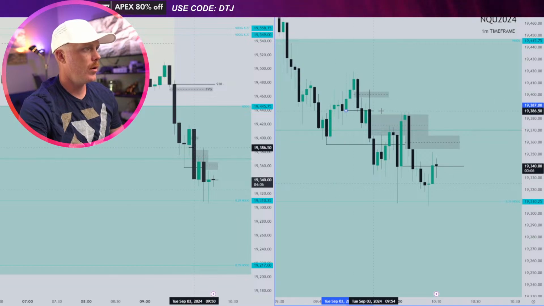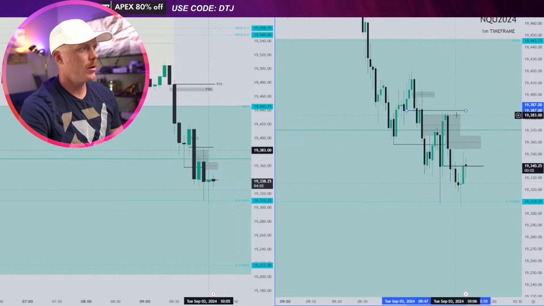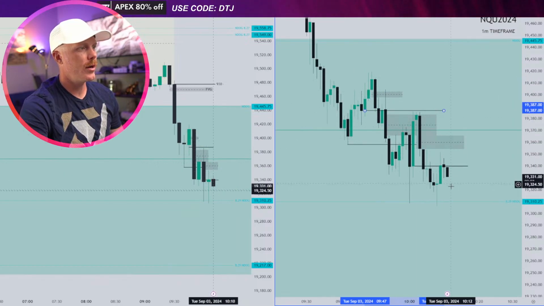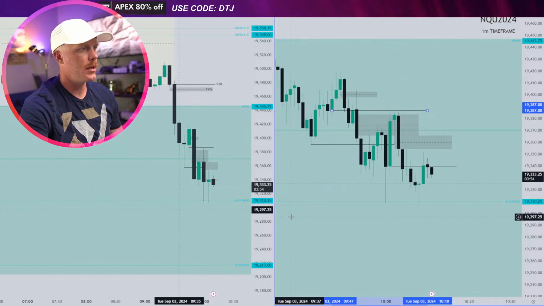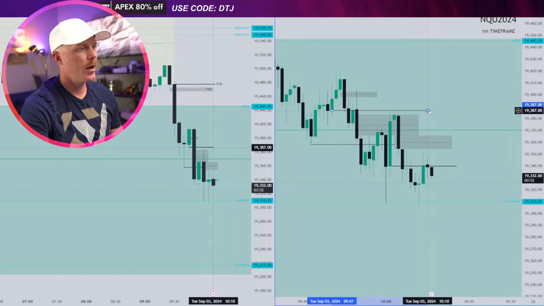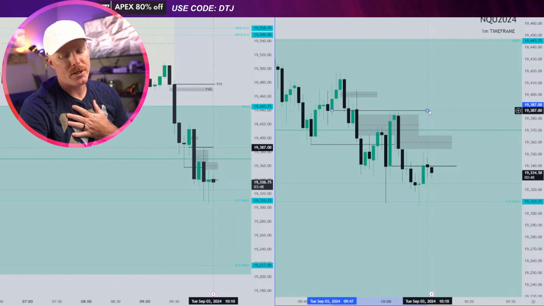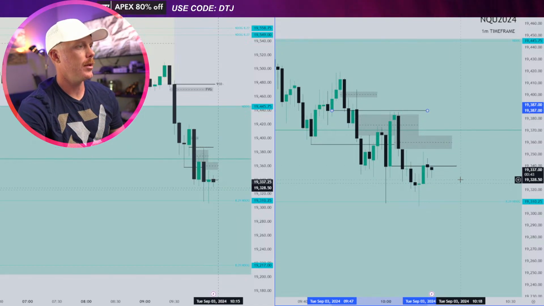What did it do? Found resistance there, moved lower. It works well when price is already trending. When I'm looking for reversals, I'd rather go 5 or 15 minute, not a 1 minute. 1 minute is just too low for me at this point in my trading career to have confidence that a reversal is taking place.